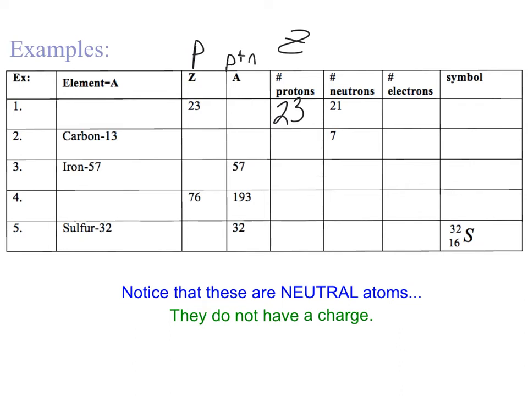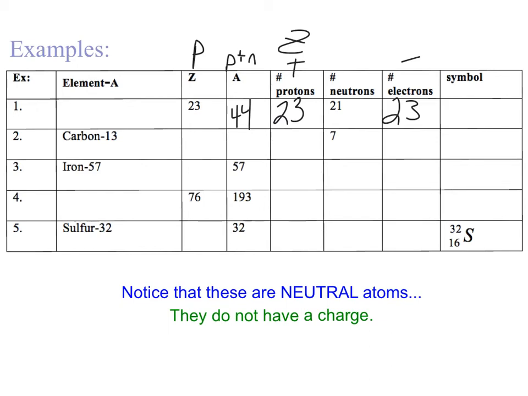And again, I'm going to put that over my A column just so I can remember exactly what number goes into that column. So 23 plus 21 is going to give me 44. And since right now I'm assuming that everything is neutral, if I have 23 positives, I'm going to need 23 negatives. Again, we're assuming it's neutral right now. We'll talk about when to not assume that here in just a little bit.